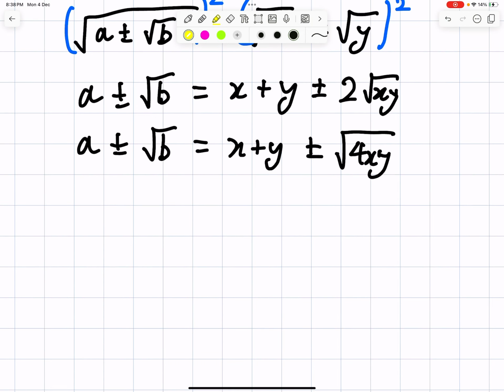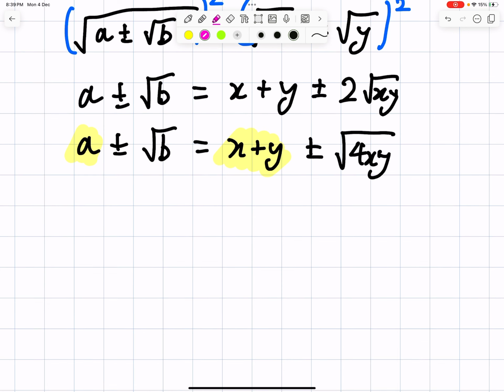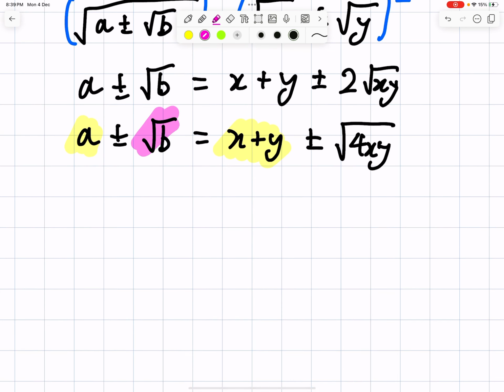You can see that if a and b are natural numbers, then we can easily solve for x and y, assuming that b is obviously not a perfect square. So I will highlight in yellow the rational part, and in pink the irrational part.